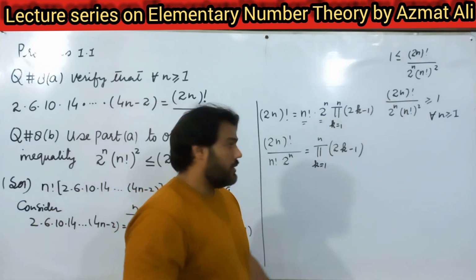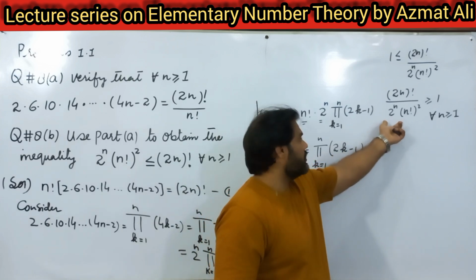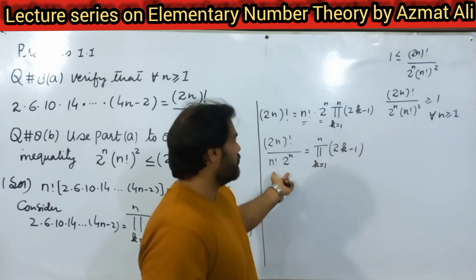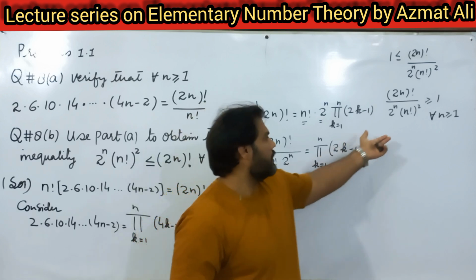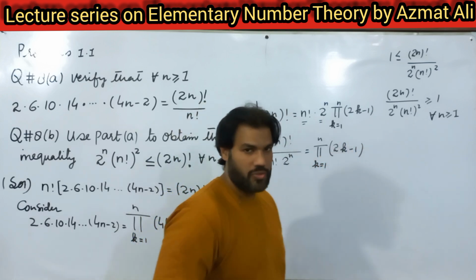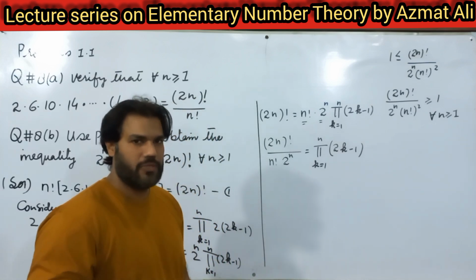To form the left side of this inequality, we multiply the denominator by n factorial on both sides, or dividing both sides by n factorial.